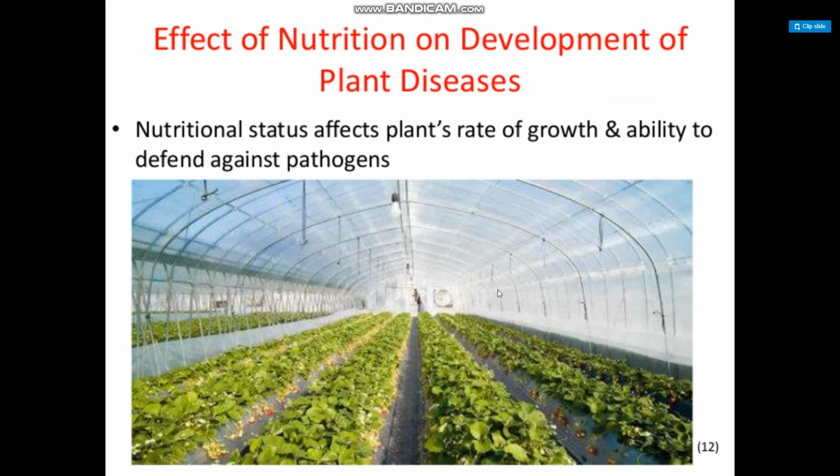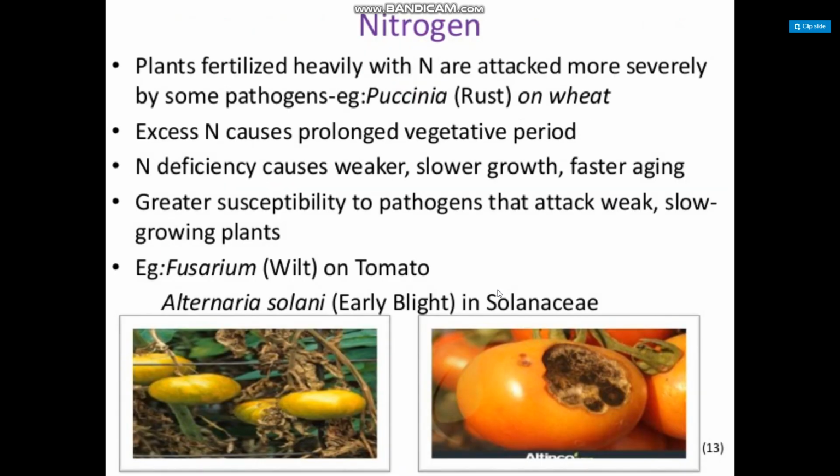Effect of nutrition on development of plant disease. Nutritional status affects a plant's rate of growth and its ability to defend against pathogens. First nutrient, nitrogen. Plants fertilized heavily with nitrogen are attacked more severely by some pathogens, for example rust on wheat.